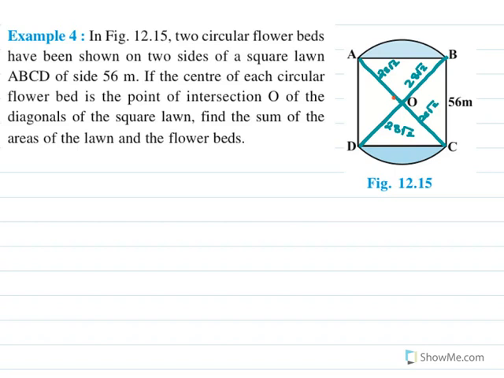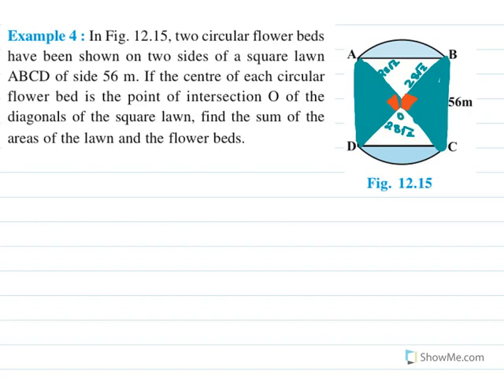Now this angle we know is 90, because in a square the diagonals bisect at 90. So we can now find out the area of this triangle, half base into height. This triangle, we know this is 90.